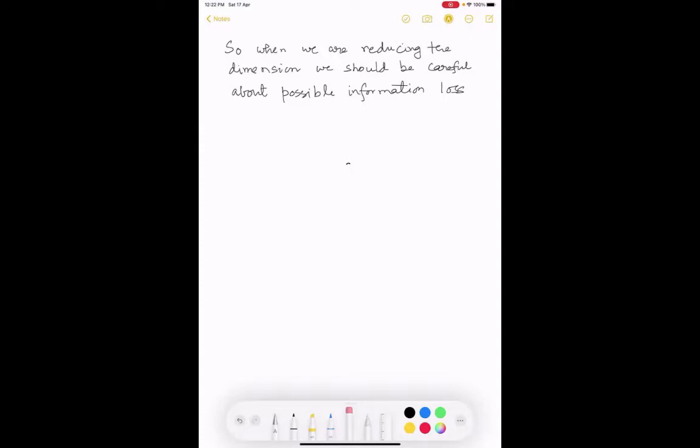The more complicated problem is when we have to reduce the dimension with a larger number of variables. Right now I am introducing the concept from the sample size perspective, which is comparatively much easier. When we are reducing this dimension, we should be careful about possible information loss.